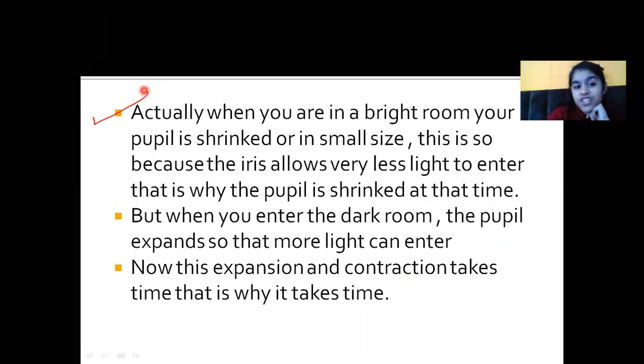Okay. Actually, when you are in a bright room, your pupil is shrunk. जब आप एक bright room में होते हो, तो जो आपकी eye का pupil होता है ना, that small black hole, it is shrunk. वो बहुत छोटे size में होता है, so that a very little amount of light can enter in your eye.